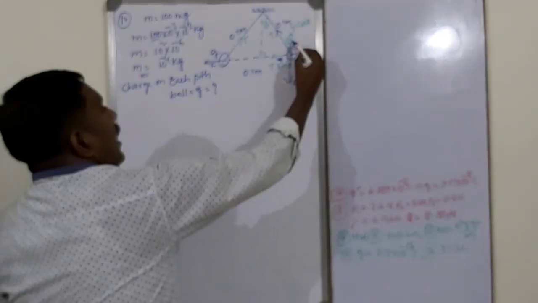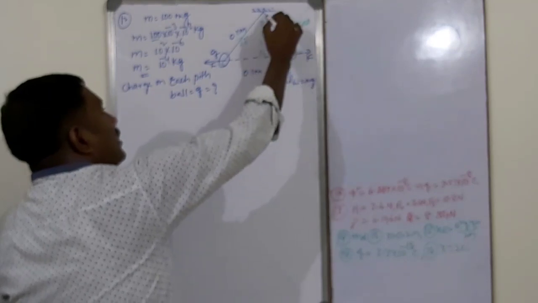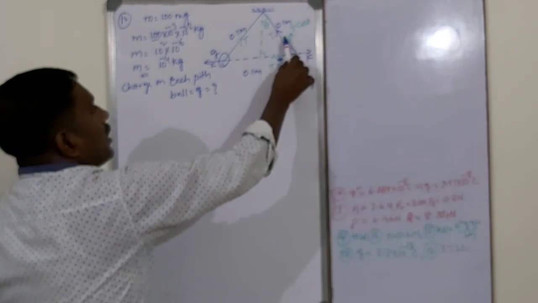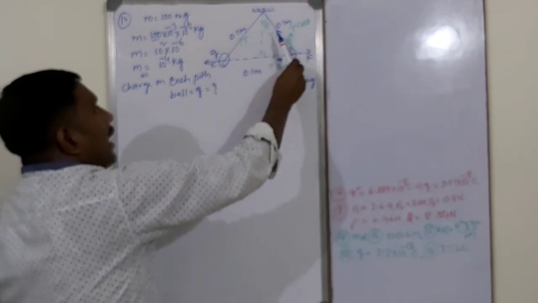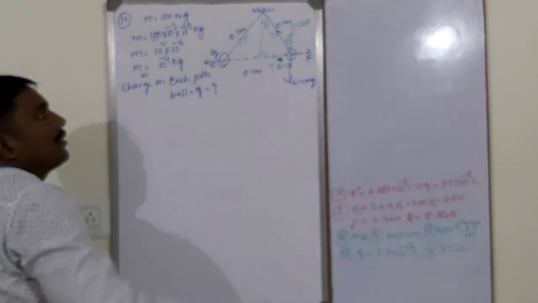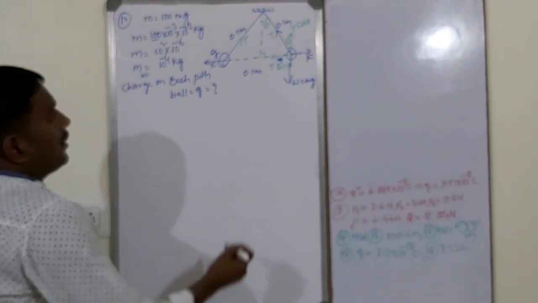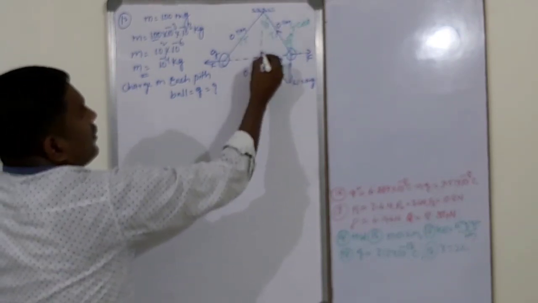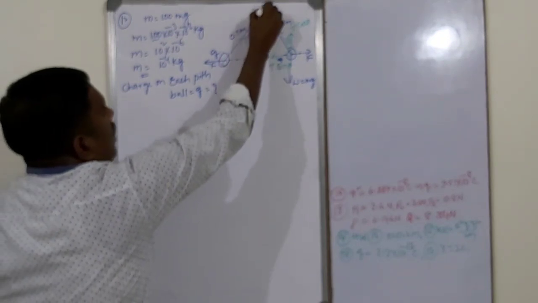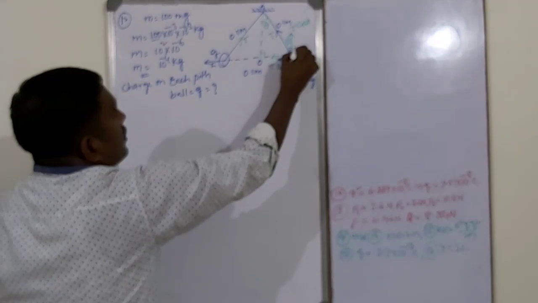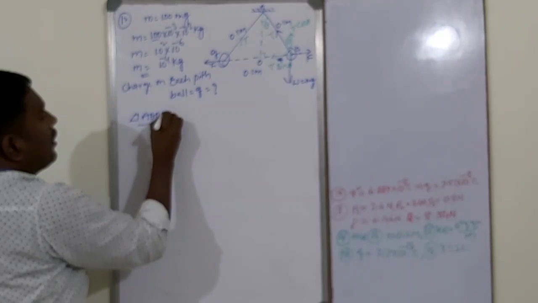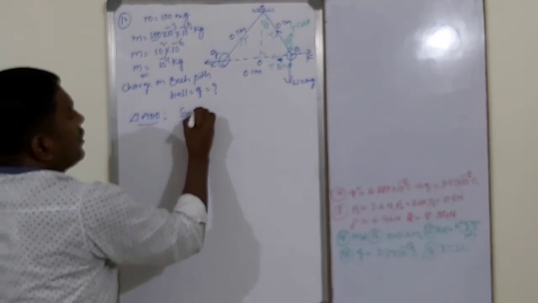Theta is the angle made by the thread with the vertical. Now from this figure, suppose this is our center, O. This is A, and this is B. So in this triangle AOB, sin theta is equal to what?